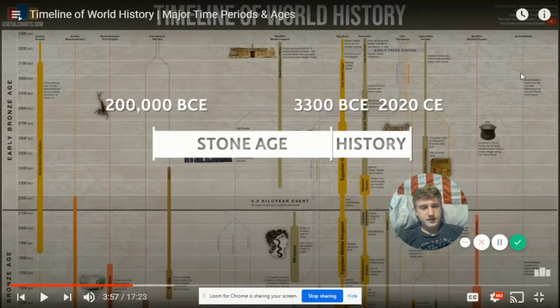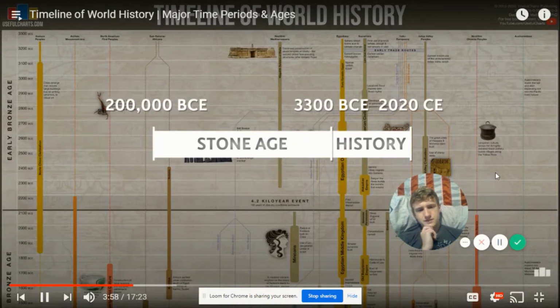It seems like a lot to us, but there are species that have been around for millions of years, like certain types of sharks, for example. Wow. And it's also interesting how we only started to really develop advanced technology really recently.